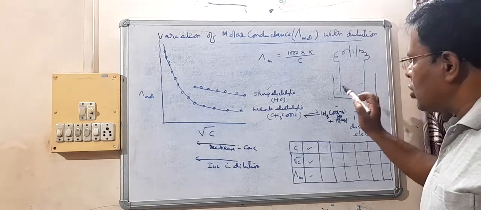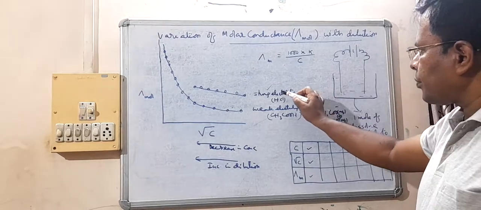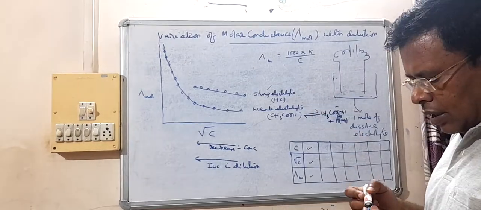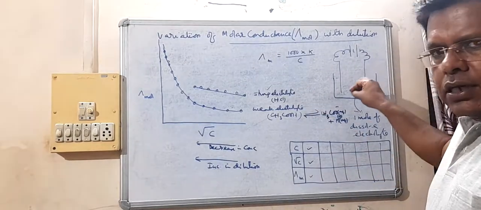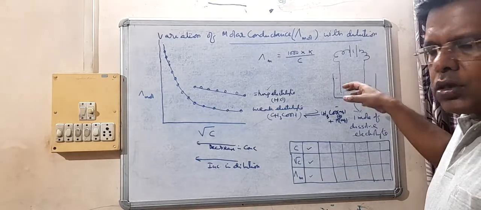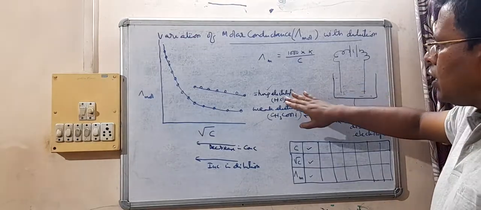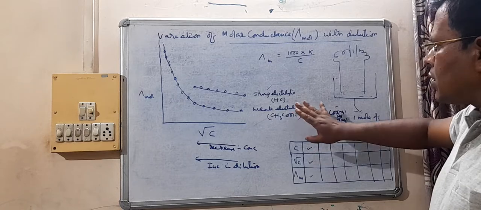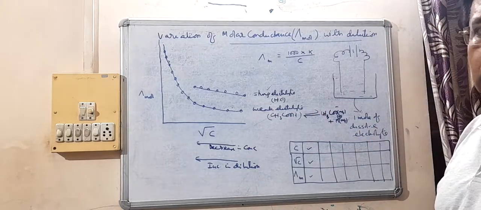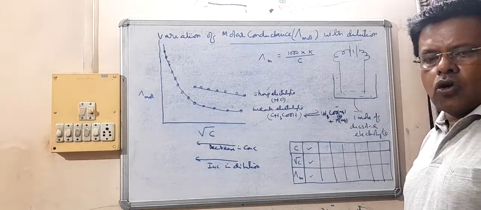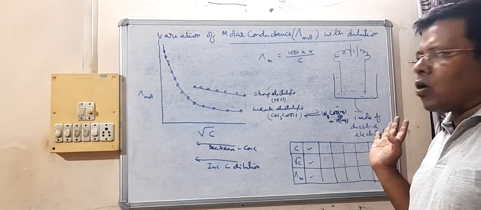Now a strong electrolyte, at a certain concentration or at any concentration, is always completely dissociated or ionized.